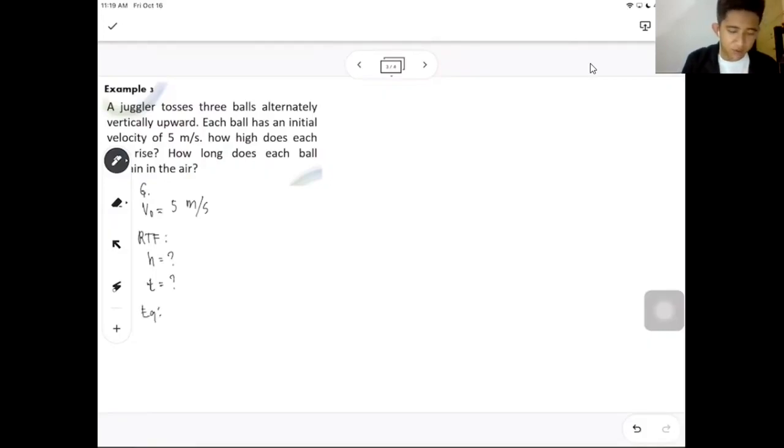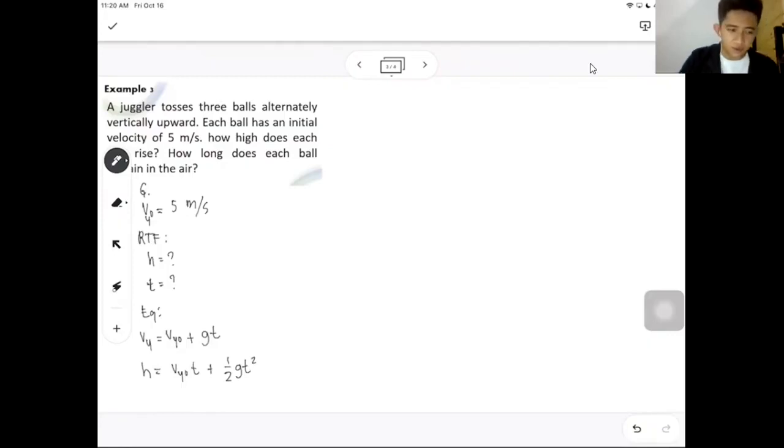Our equation that we're going to use is the final velocity along the y-axis is equal to the initial velocity plus gt. And then the height is equal to vy sub 0 t plus 1/2 gt squared.